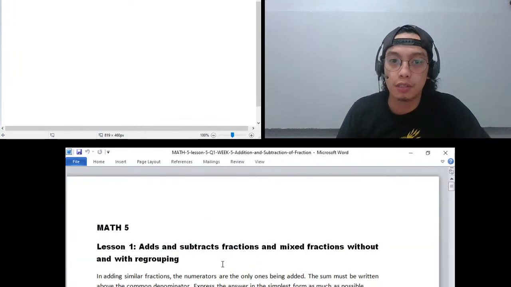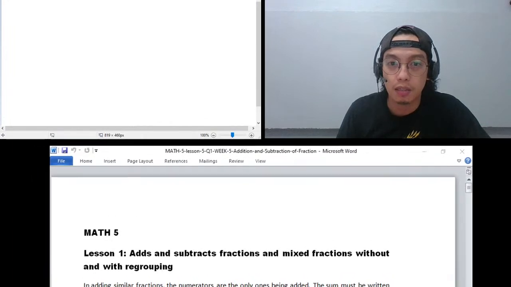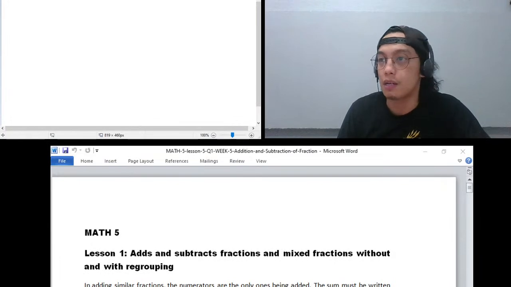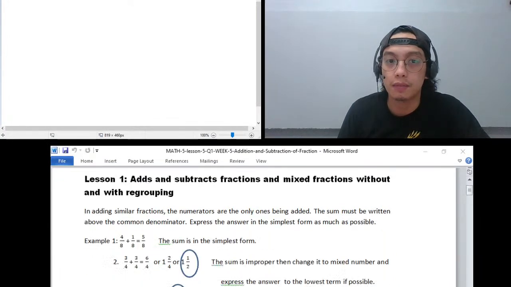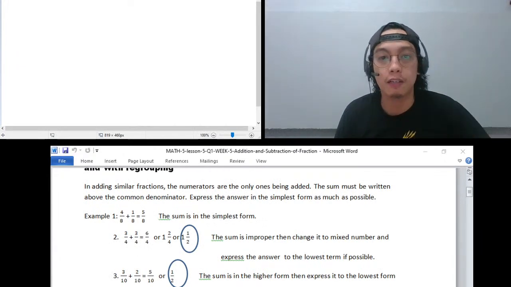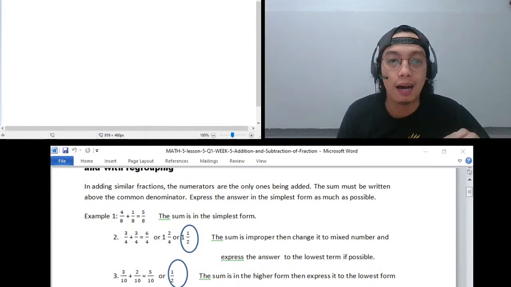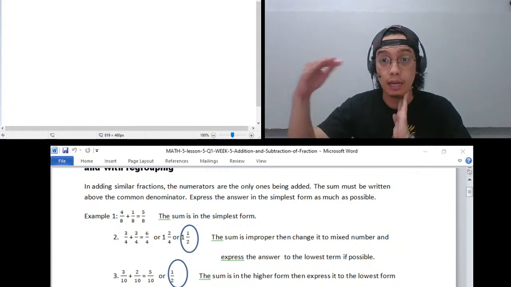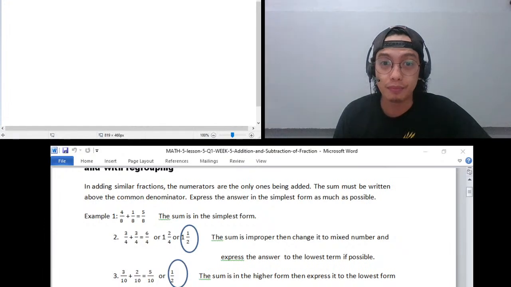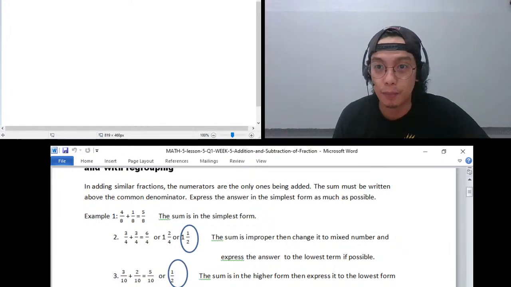If you have questions along the way, please don't be shy to ask. First, we have adding similar fractions. Similar fractions are those with the same denominator, the bottom numbers are all the same.